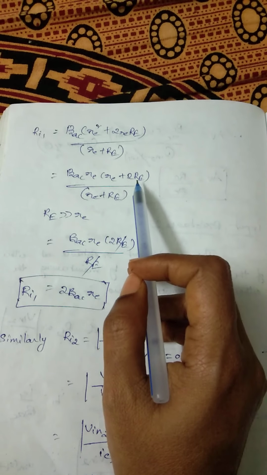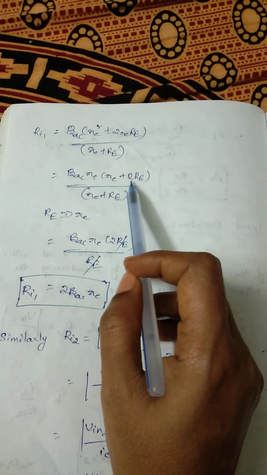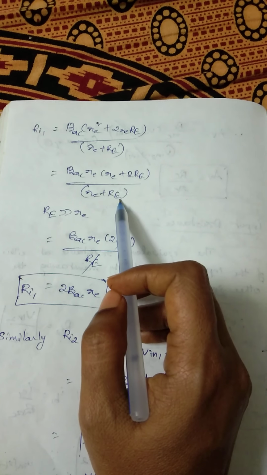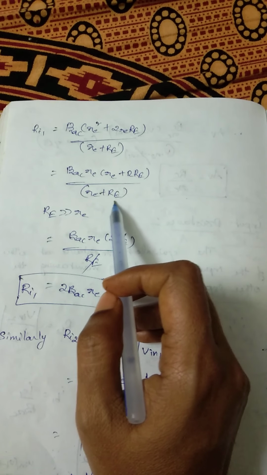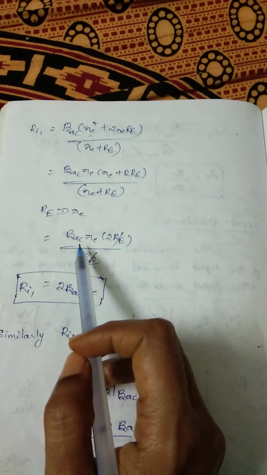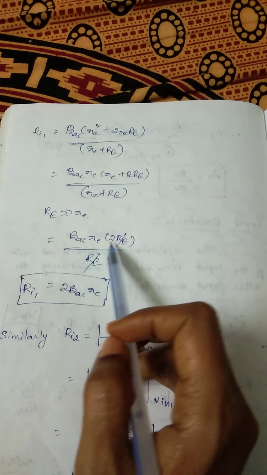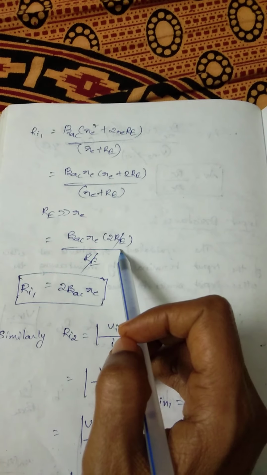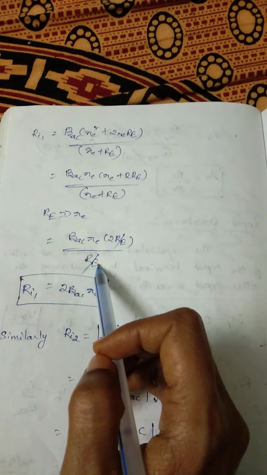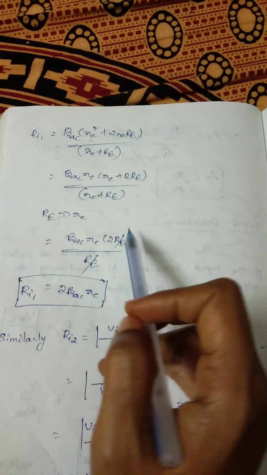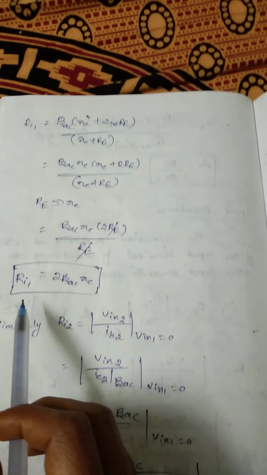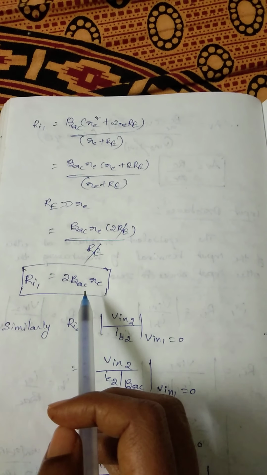So that is small re plus 2 capital Re is approximately equal to 2 capital Re only. Small re plus capital Re is approximately equal to capital Re only. And finally beta Ac into re into 2 into capital Re by capital Re. If we cancel the Re terms, Ra1 is equal to 2 beta Ac into re.